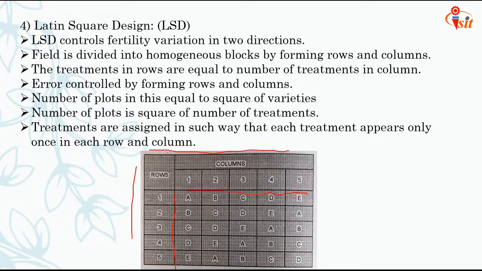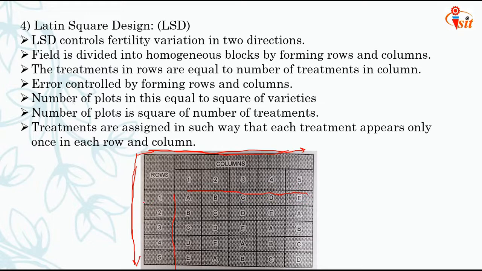Due to the rows, it controls the fertility of the soil horizontally, and due to the columns it controls the fertility vertically. So it controls the fertility in two directions. It is important from an objective point of view that the LSD controls the fertility variation in two directions. Then they give a number to the columns and a number to the rows.